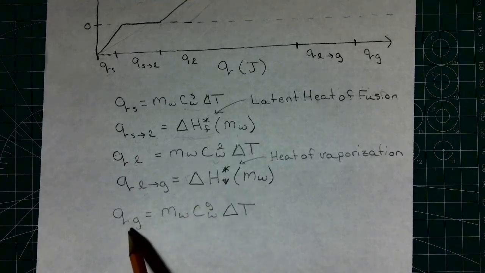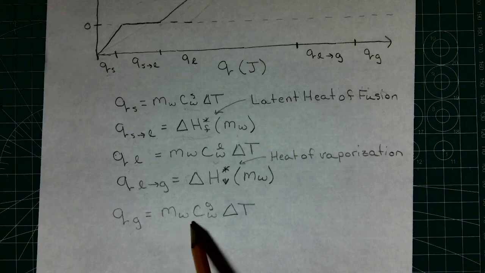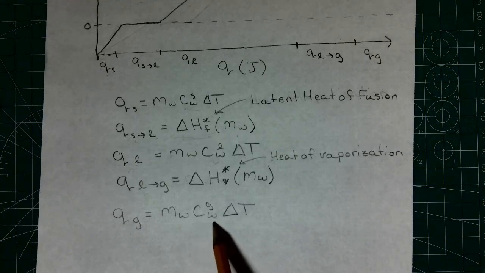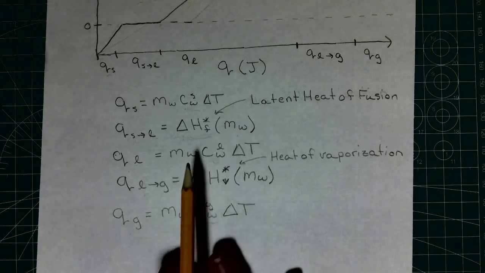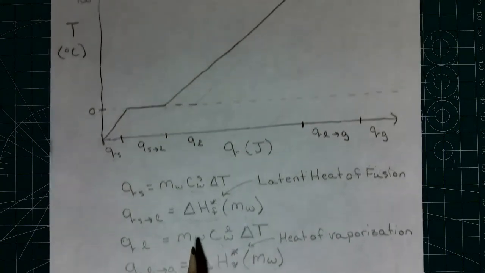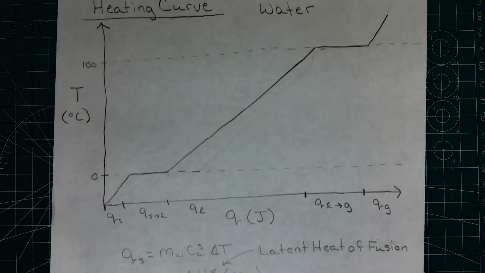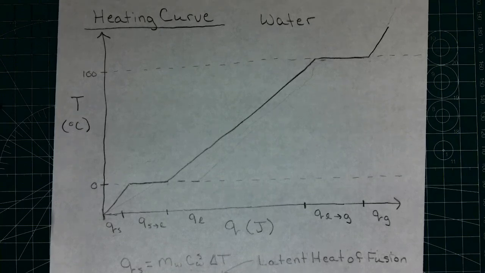And then finally, we have the exact same form that we had before, but this time there's a different specific heat capacity. This time it's the specific heat capacity for a gas. And that is how you would get all of the heat values associated with this process.